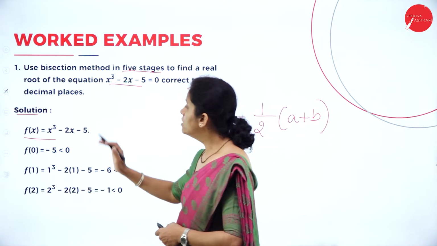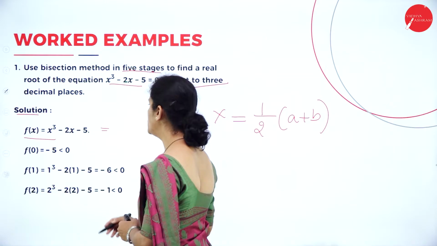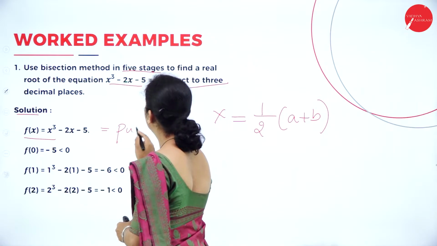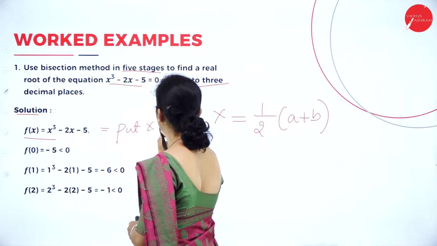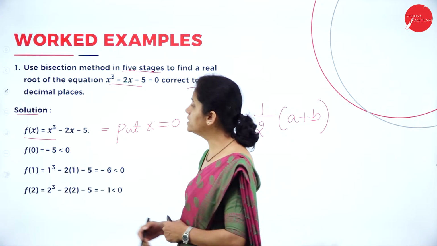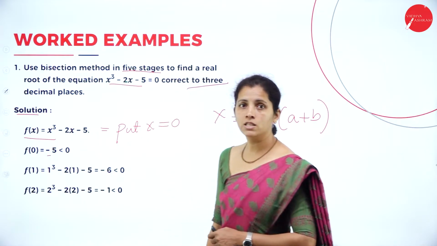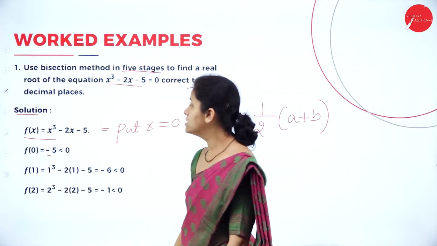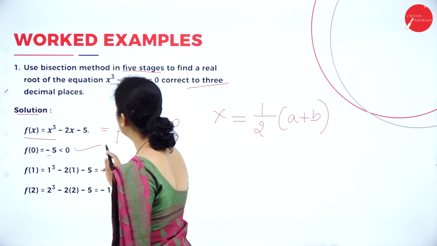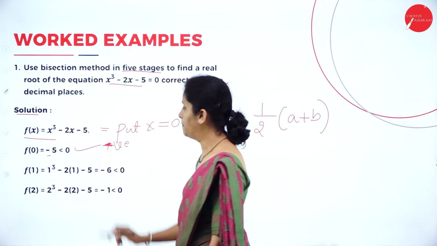Now, I'm going to start substituting x values, that is, put x equal to 0. When I substitute, I get the value minus 5, which is less than 0. So, it is a negative number.